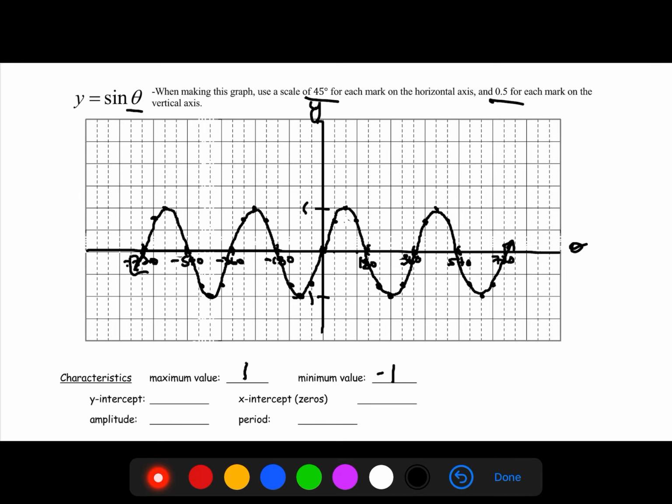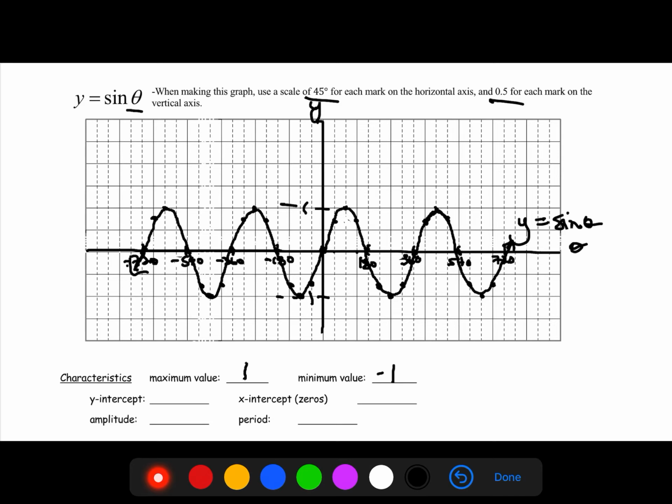And again, drawing our nice smooth curve. We have arrows on the ends because we know that pattern continues. And we have our graph of y equals sine theta.